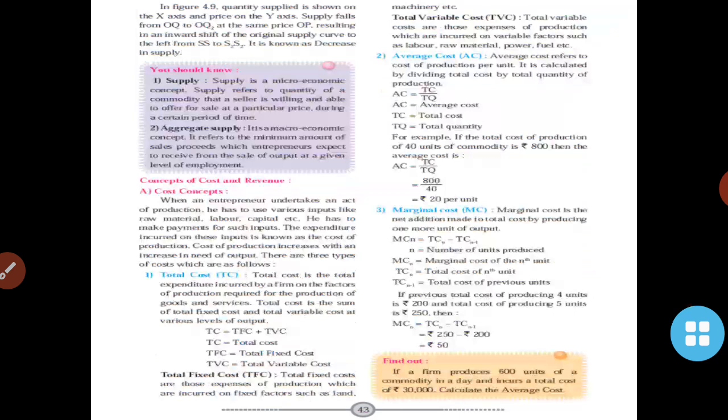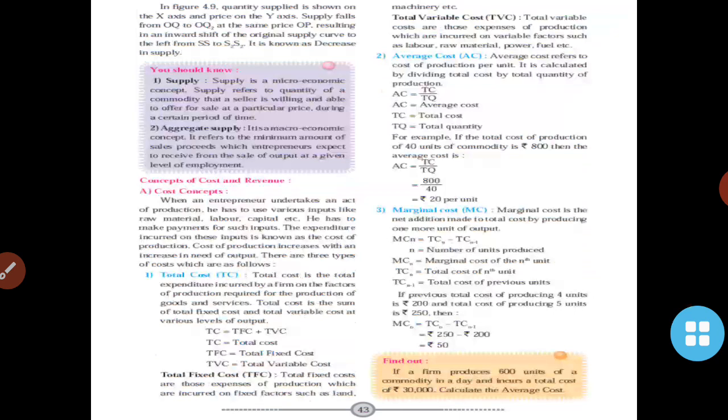Now the second point is average cost and marginal cost. This is the table showing how they affect the price level, average cost and the quantity of production, and the production of one more unit of output, including the total variable cost.